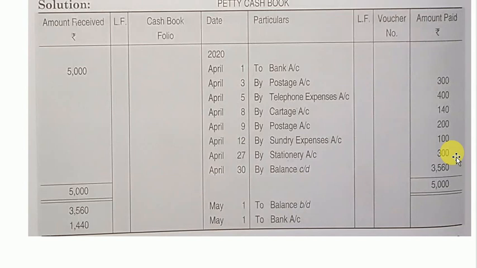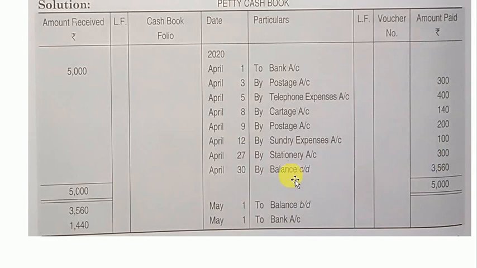So we'll do the balancing. You can see that on April 1st, the petty cashier received an amount of 5,000 rupees, and all the expenses incurred within the month are 1,440 rupees.